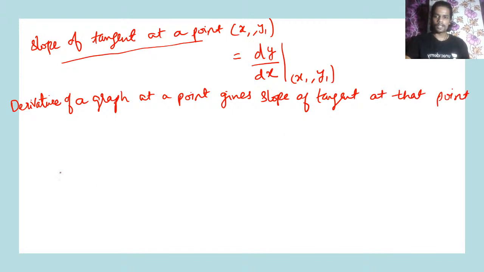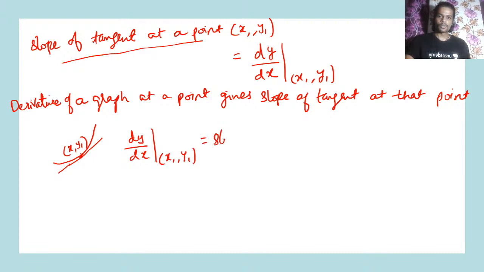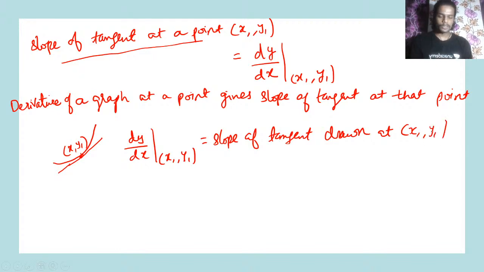It means that if this is a curve and you try to calculate dy by dx at this point, this would be equal to slope of tangent drawn at x1 comma y1. So I hope this is clear. If you have any doubts, you can ask in the comments. This is pretty straightforward.